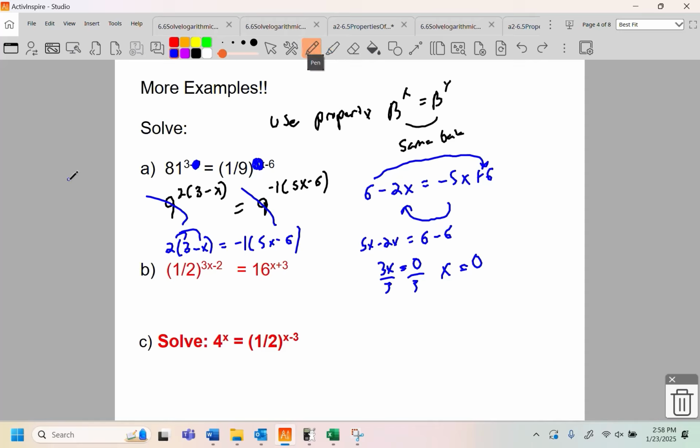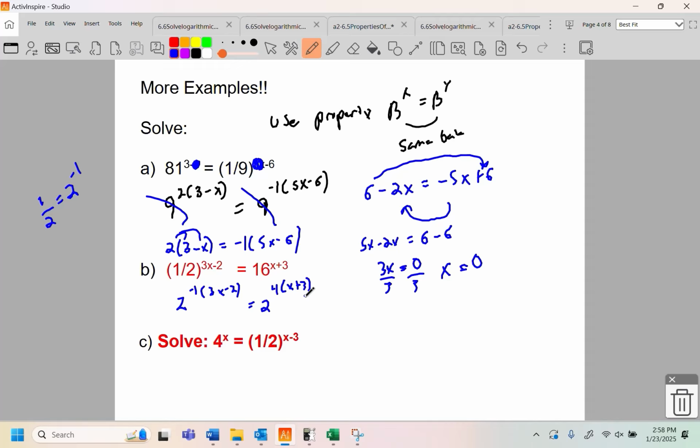1/2, remember I told you 1/2 could be thought of as 2 to the negative 1st. And that's how I'm going to do it. I'm going to make the desired base a 2. It's the easiest way to show it. 16 is 2 to the 4th.